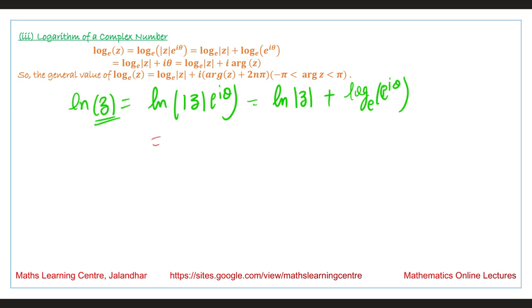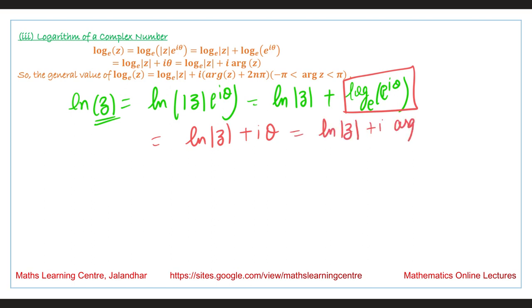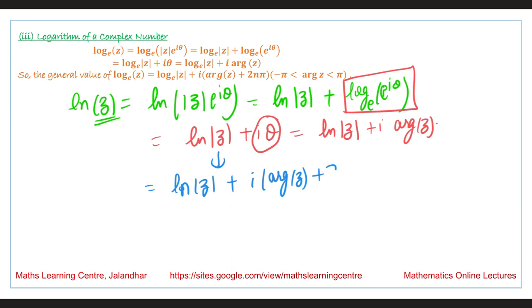So we can write this is equal to log of mod z, and what is the value of log of e raised to the power iota theta? This is equal to plus iota theta. So we are writing it is log of mod z plus iota times argument of z. This is one of the values, and the more generalized answer in this case will be log of mod z plus iota times argument of z plus 2n pi, where n is equal to 0, plus minus 1, plus minus 2 and so on.